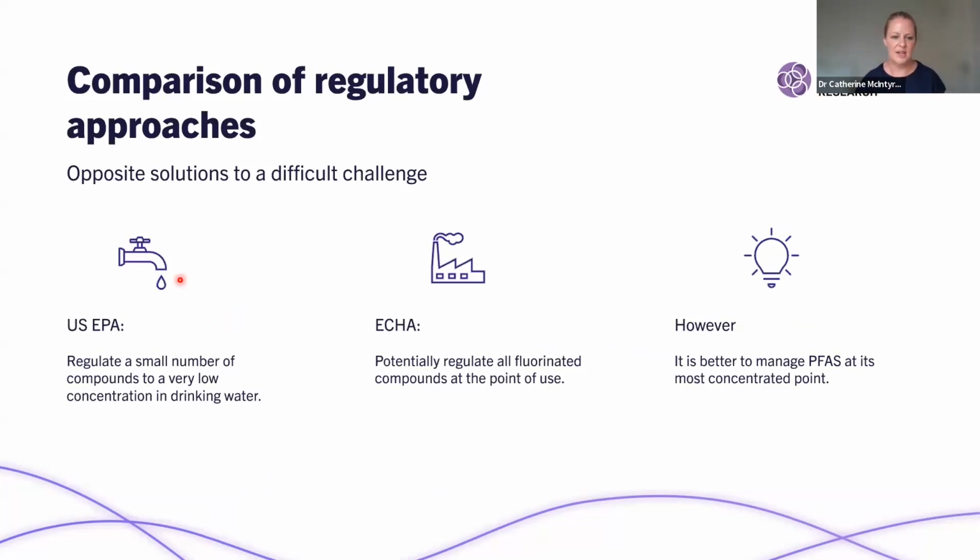The US EPA are saying regulate a small number of compounds to very low concentration in drinking water, keep the population safe. The European Chemicals Agency says, no, regulate all fluorinated compounds at the point of use, go to the top of the chain. But there is a method to their madness. It is better to manage PFAS at its most concentrated point. We'll get into that a little bit when we look at solutions.